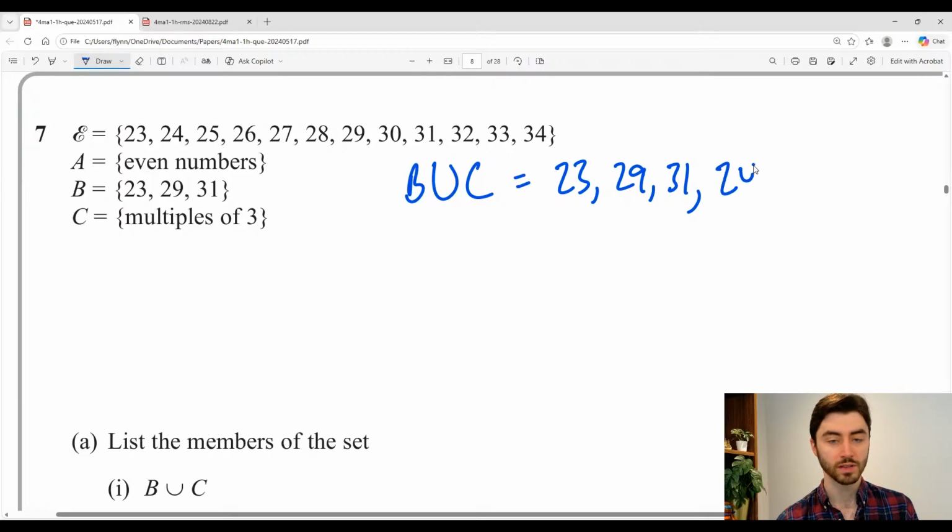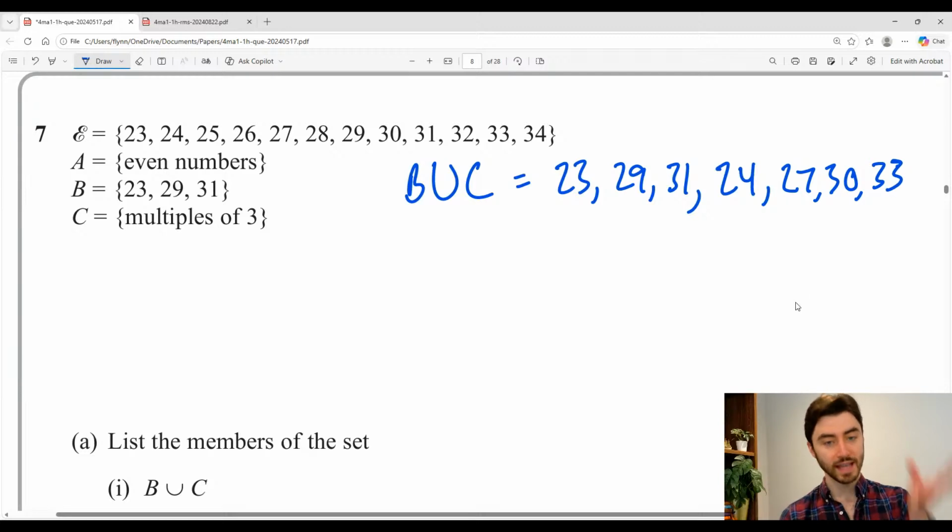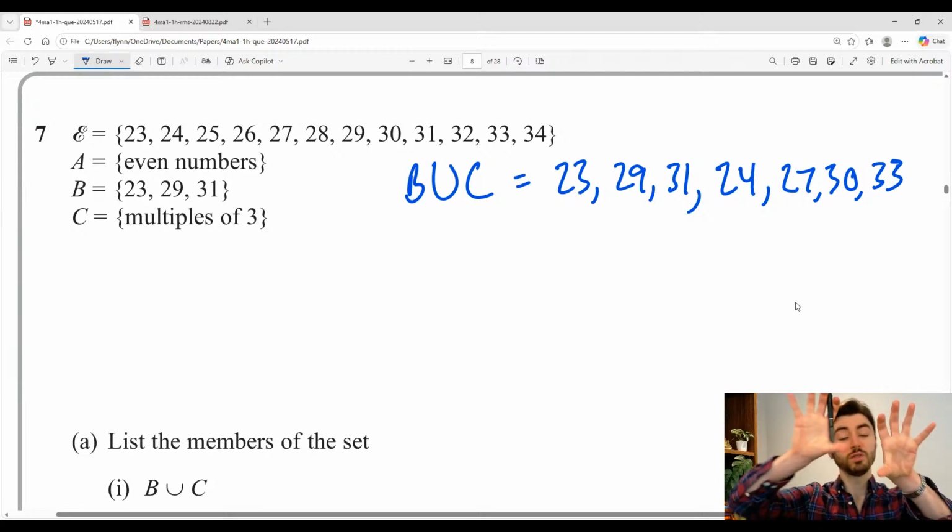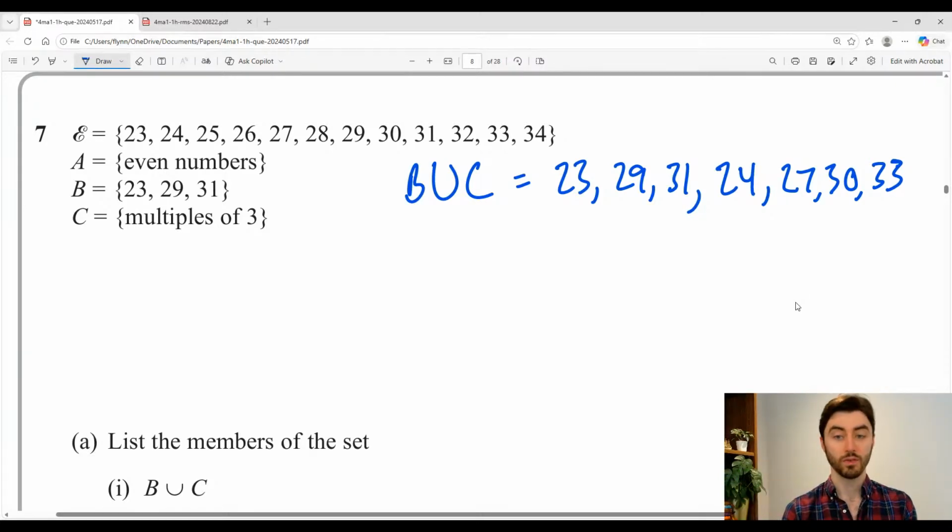So we also add on to that the 24, the 27, the 30, and the 33. That's everything in B unified with everything that's in C for this set.